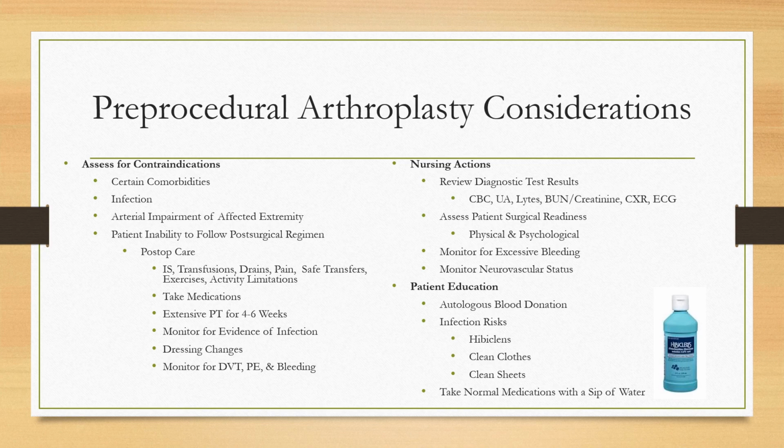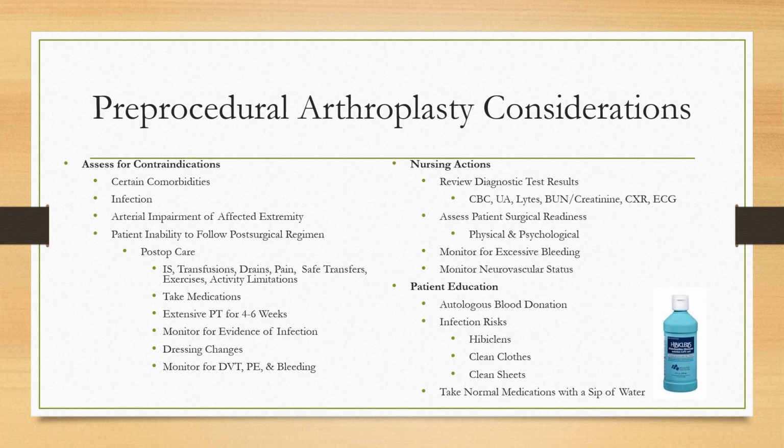Okay. What about some tests that are typically done prior to surgery? These are routine tests: a CBC, a urinalysis, electrolytes, kidney function tests, chest x-ray, and ECG. Remember, typically these patients are elderly because they're the ones who get osteoarthritis and joint destruction.